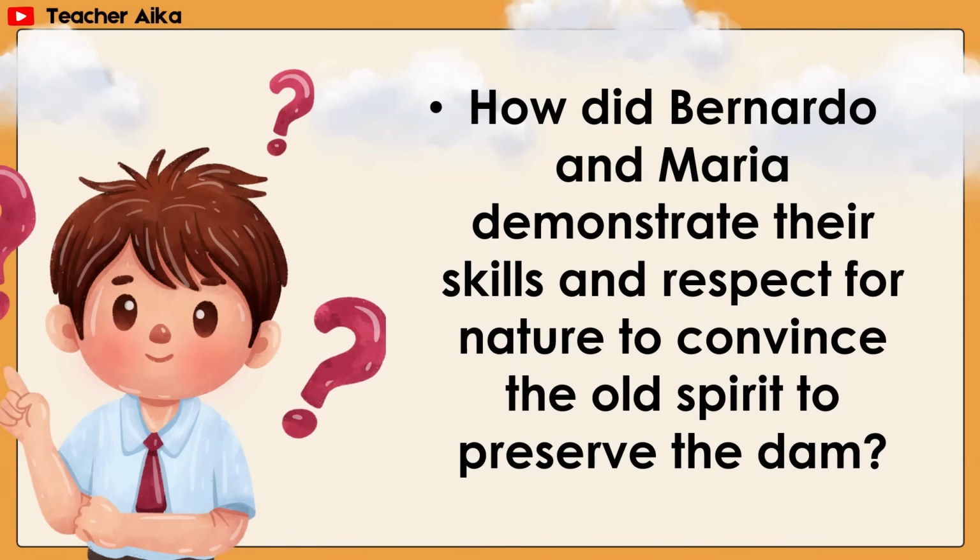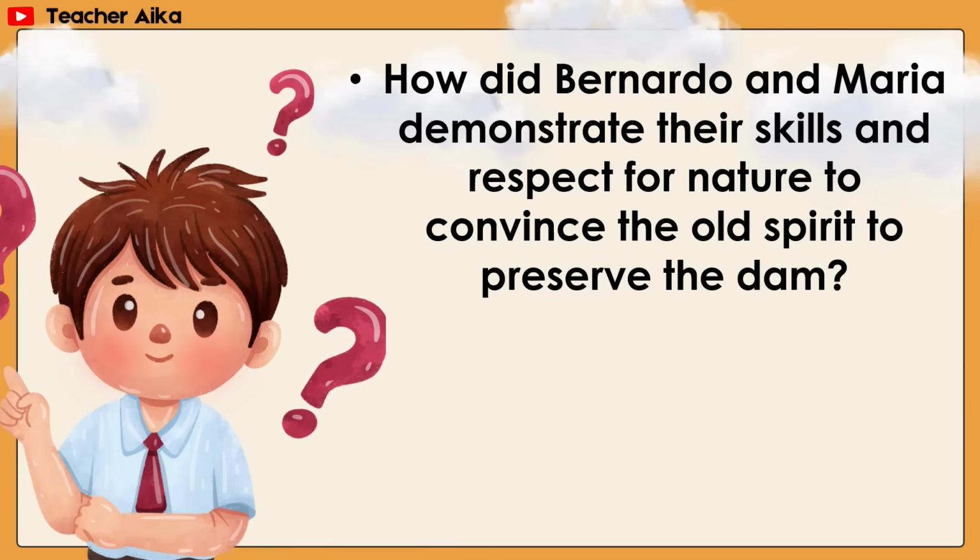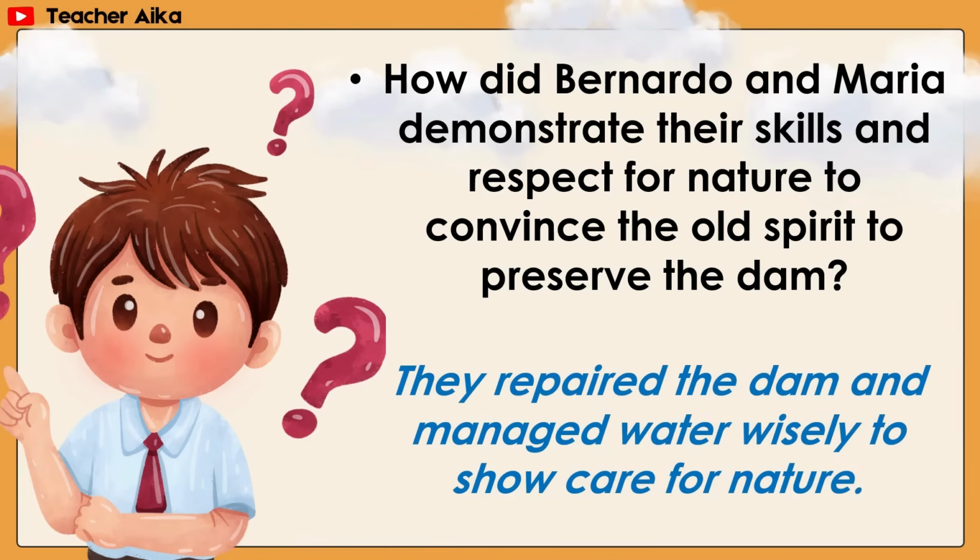How did Bernardo and Maria demonstrate their skills and respect for nature to convince the old spirit to preserve the dam? Answer: They repaired the dam and managed water wisely to show care for nature.